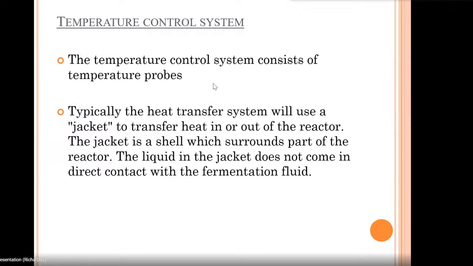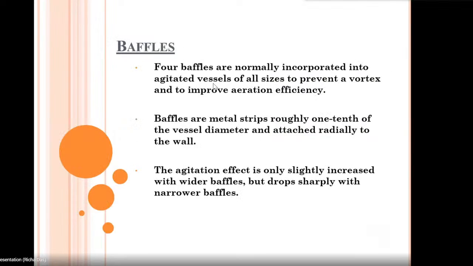For that, there are cooling jackets or water jackets which are kept outside the walls of the fermenter. Again, there are sensors present. When the sensor comes to know that temperature is increasing inside the fermenter, nozzles will open, taps will open, and through the pipes, water will enter the cooling jackets. Let me show the diagram of the cooling jacket here.